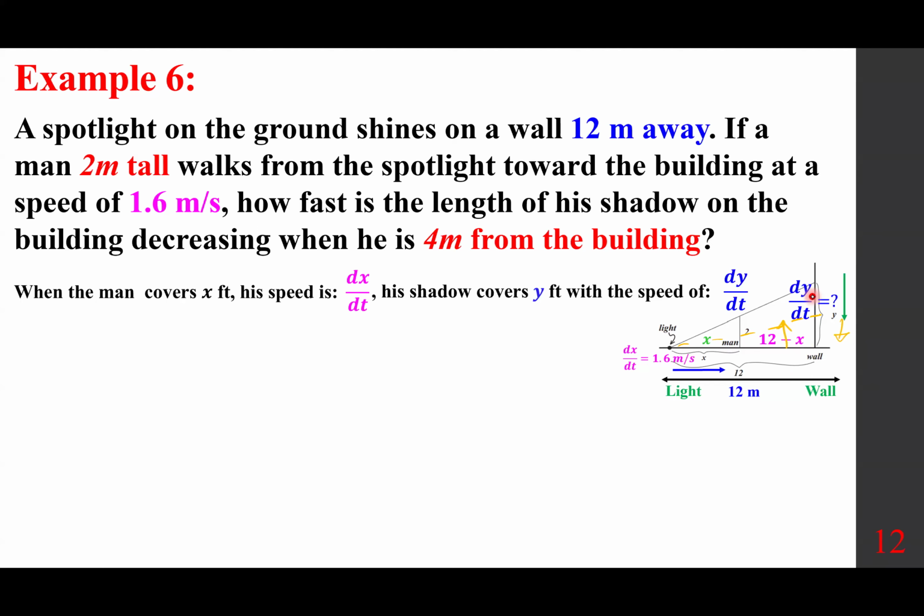So we're going to repeat the same thing. Let me first erase my work. So we are going to write dx/dt is 1.6 meters per second. dy/dt is missing when he is 4 meters from the building.